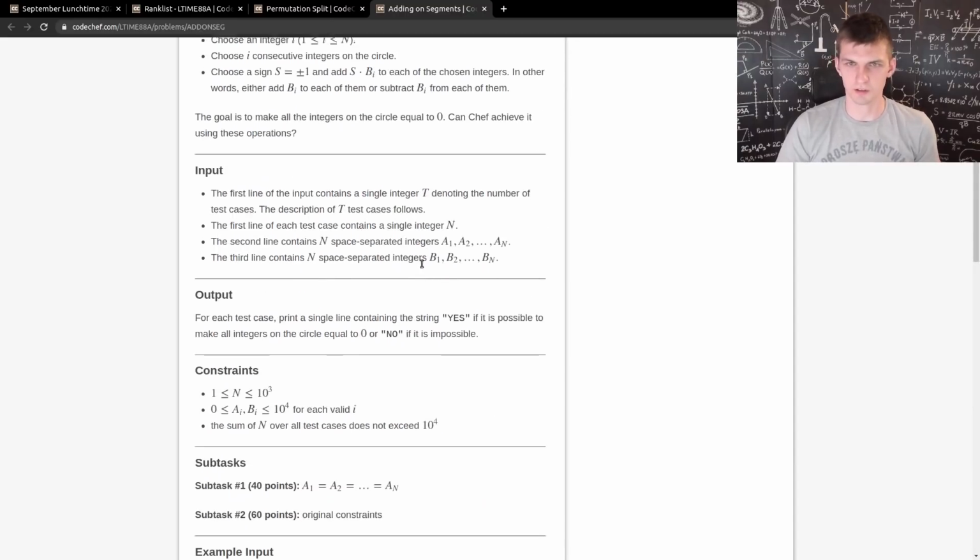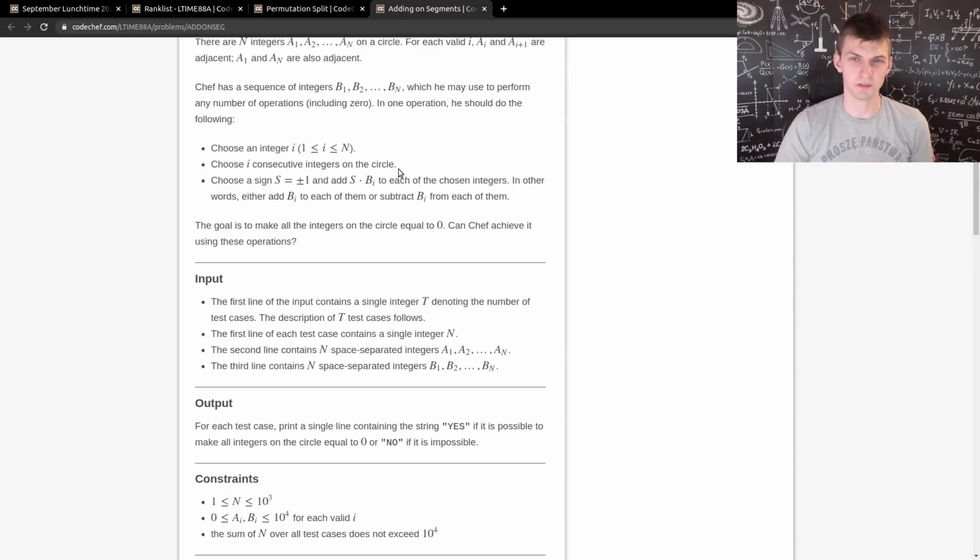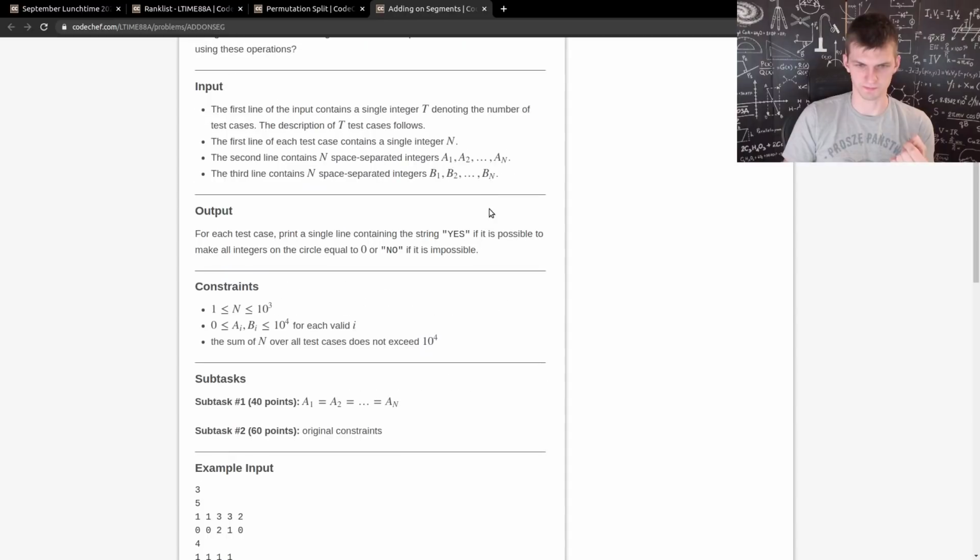Adding to an interval corresponds to, if we look at differences of every 2 consecutive elements, this means we add b somewhere and subtract it x positions later.